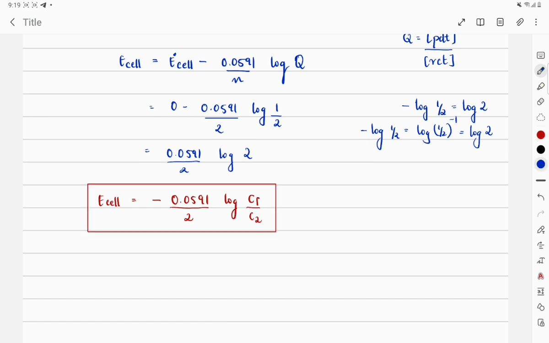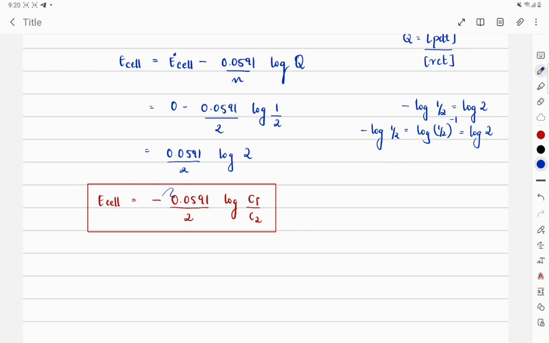We also know that for a cell to be feasible, the E cell value should always be positive. Only in that case we can say it is spontaneous, right? So if this value should be positive, you can see there is a negative here. If you want to cancel this negative, we have to take the reciprocal of this log value. Just as we have done this way, right? So if you take a reciprocal and still get an overall positive value, it means C2 should definitely be greater than C1, right?